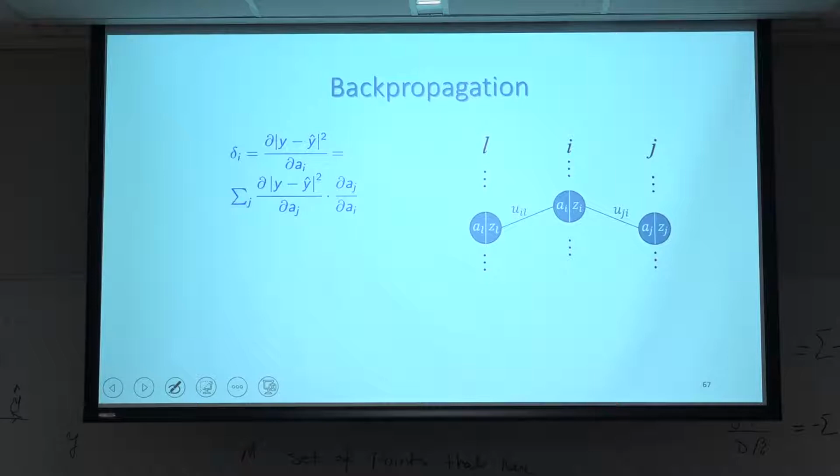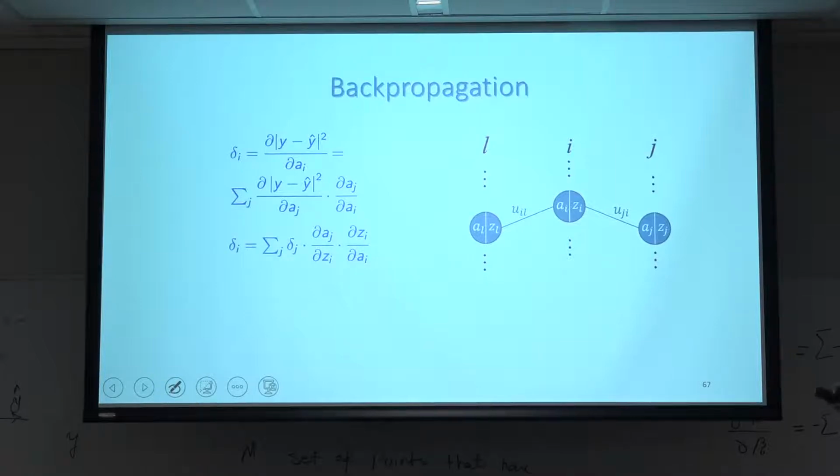So this is AI, and the derivative with respect to AI can be written as summation over J of the cost function derivative over AJ, and then AJ with respect to AI. And this part is just simply delta J. So I was about to compute delta I. Now I can express delta I in terms of delta J. Okay.